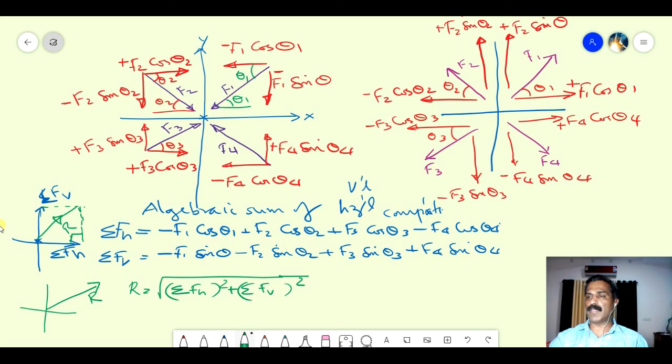If this is theta or alpha, then the adjacent side square plus the opposite side square will be equal to the square of the hypotenuse in a right angle triangle. So R is equal to square root of sigma Fh square plus sigma Fv square.